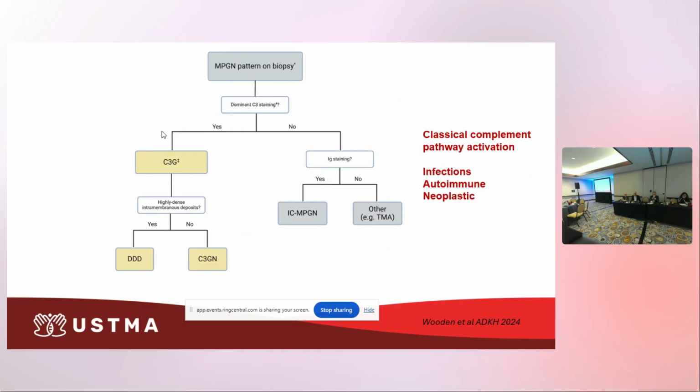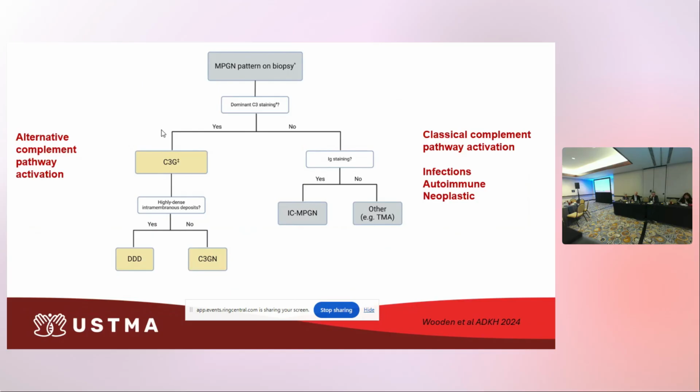The classic reasons why this gets activated are infections, autoimmune, neoplastic. So you have to rule some of these factors out when you see classical complement pathway activation. And if the immunoglobulin staining is not there, or the C3 staining is more than 2 orders of magnitude greater, it signifies alternative complement pathway activation, and is classified as C3G.